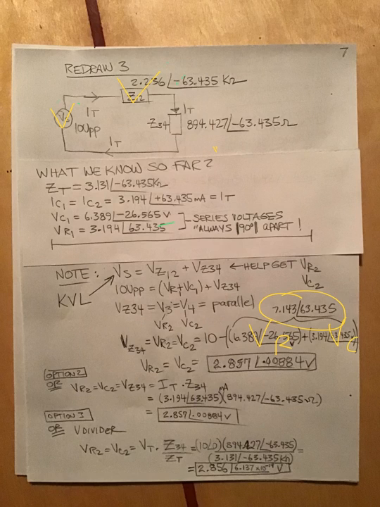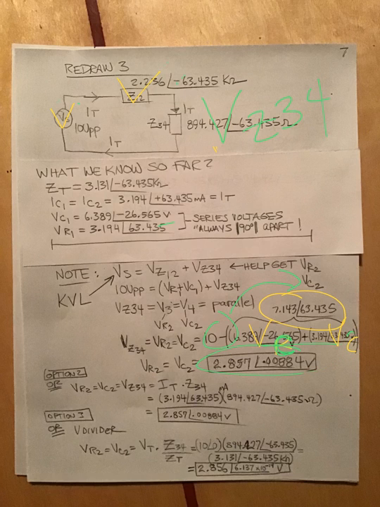Actually, I've got those reversed, so let me fix those. VC and VR. Okay? Kirchhoff says that the total in the battery, subtracting everything else in the loop, leaves me with VZ34. And that's cool. That's my answer.